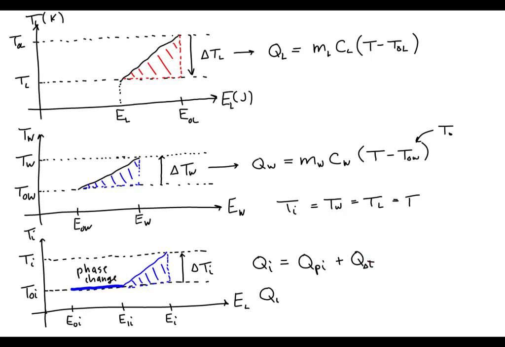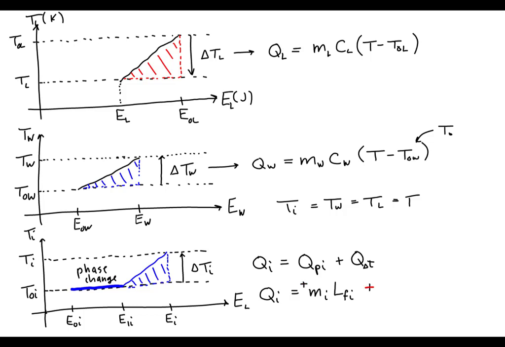We could represent that as the mass of the ice times the latent heat of fusion for ice, which is the same as the latent heat of fusion for water. There is a plus sign in front of that because energy needs to be added to change the phase of ice to water.